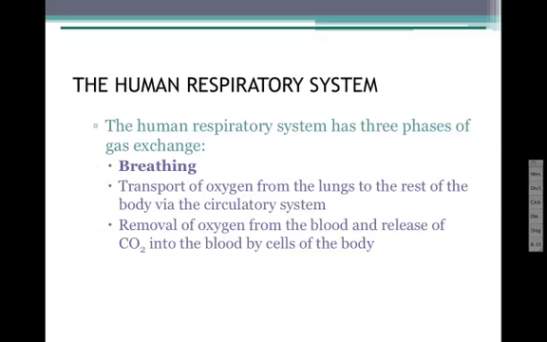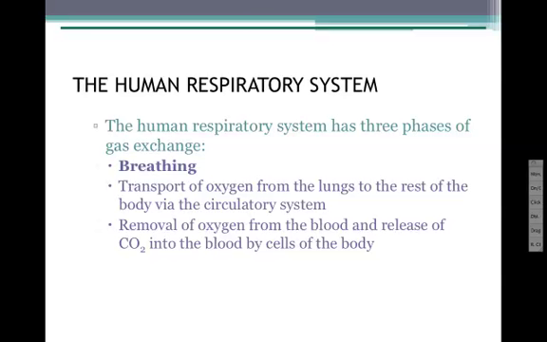that's occurring, and that's because we have to look at the exchange of gases. So first, we're breathing. That's one of the phases. Second, oxygen goes from the lungs to the rest of the body by the circulatory system.